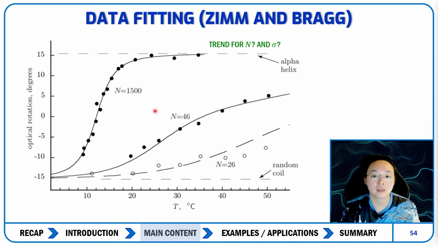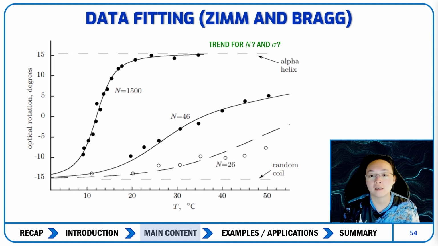A long polypeptide chain is going to have a much steeper curve, and it reaches the alpha helical state a lot faster. But what's most important is figuring out what the trend is for N and where we can tie in that sigma value. As N increases, there is going to be a steeper, sharper curve based on optical rotation.